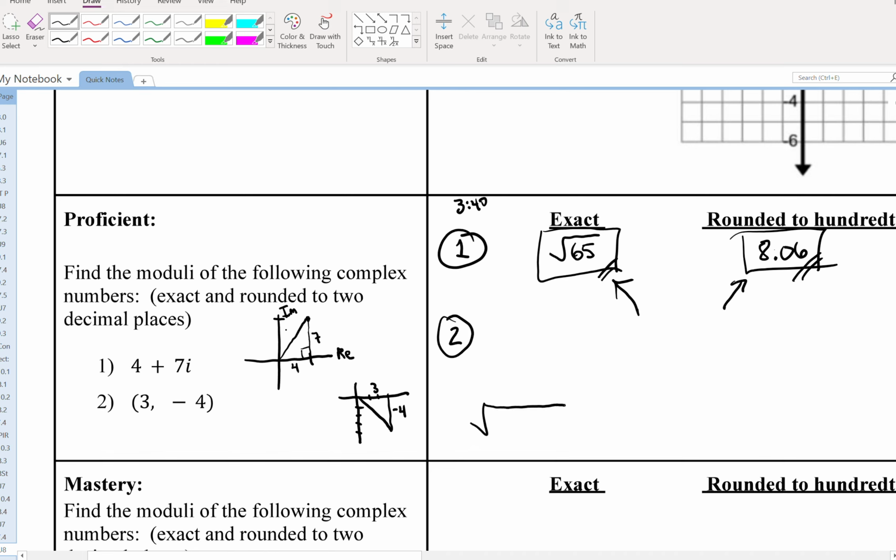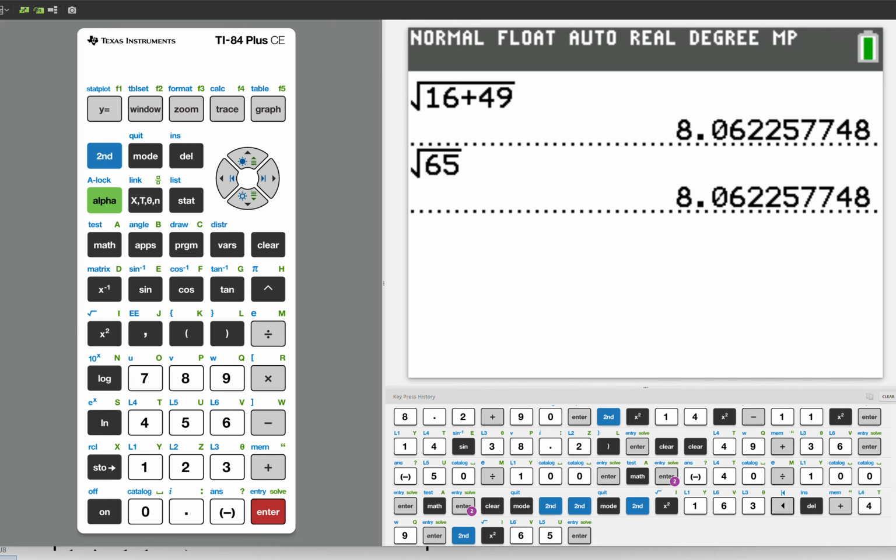And I put this in my calculator here of 3 squared plus negative 4 squared. This looks like a 3, 4, 5 triangle. But if you're not sure, it's always fine to go ahead and plug it in. Parentheses are not really necessary, but if you get in the habit of using them, then you're not going to make the mistake you sometimes make when you forget to put them in for the negative numbers.